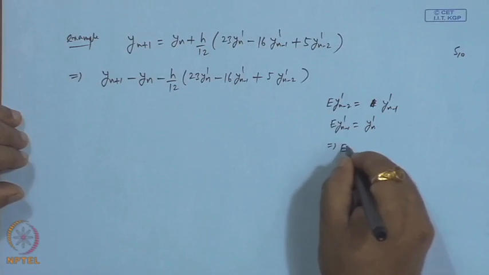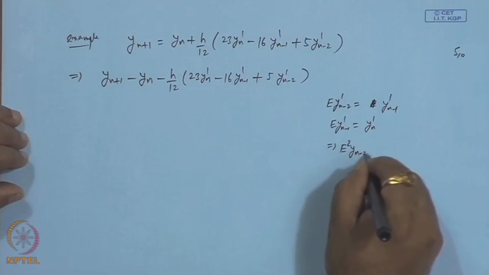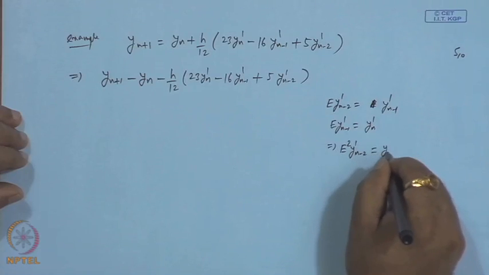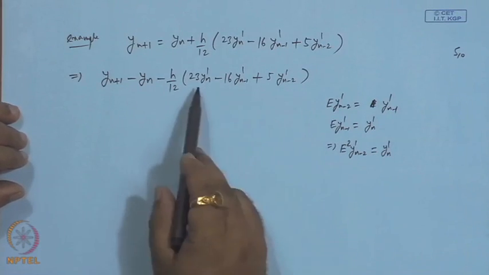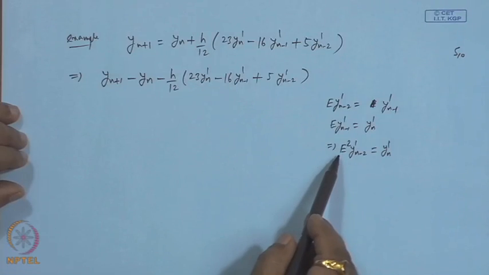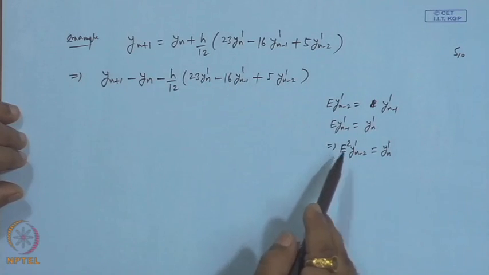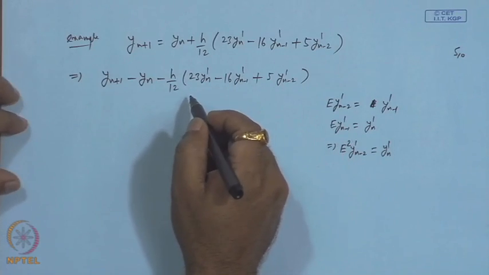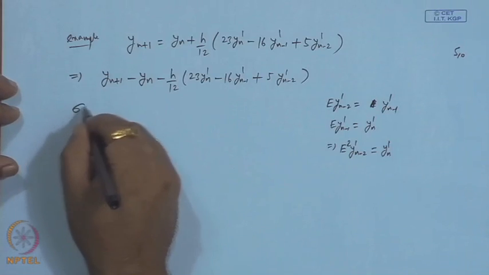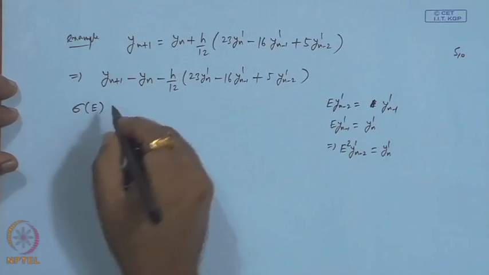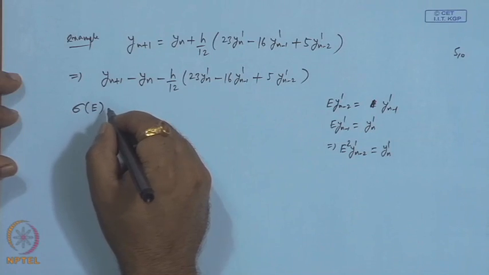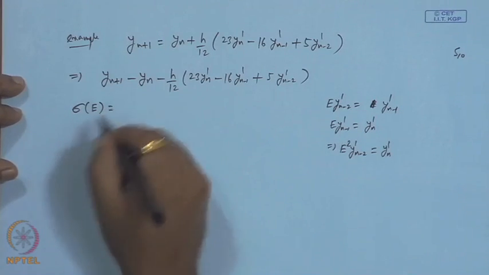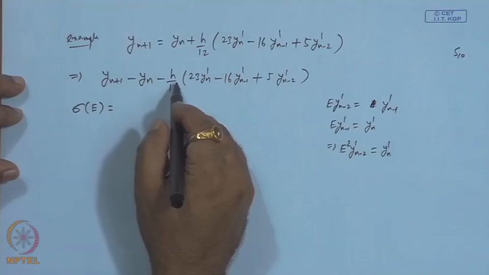This implies E^2 on y'_(n-2) is y'_n. That means, what is the distance from this term to this term? This is E^2. Okay. So, therefore, this suggests your sigma of E of the form, okay, of the form.